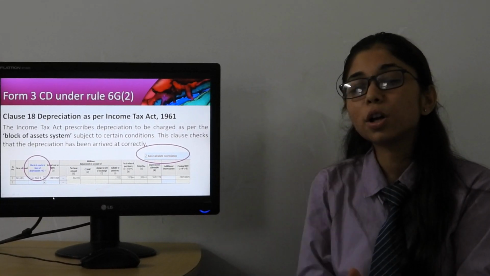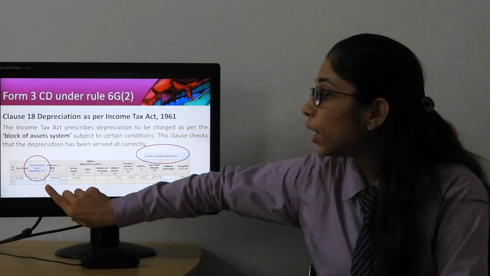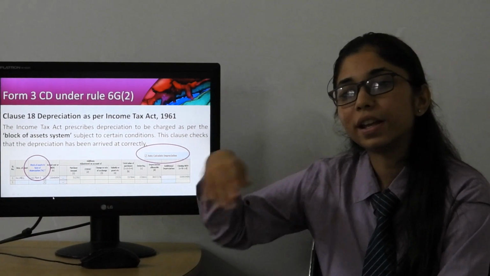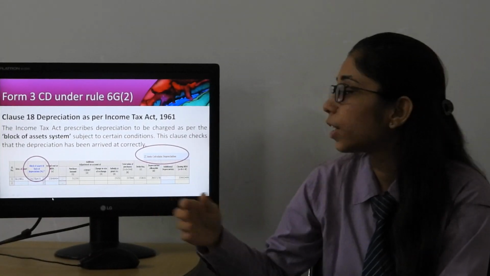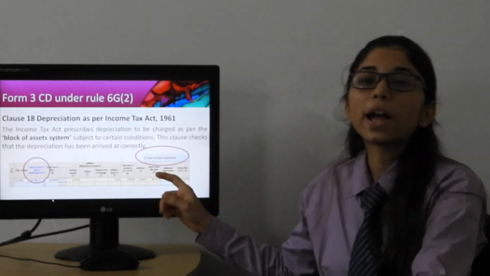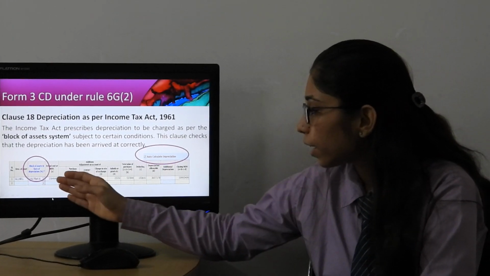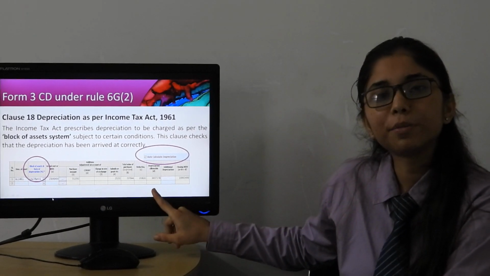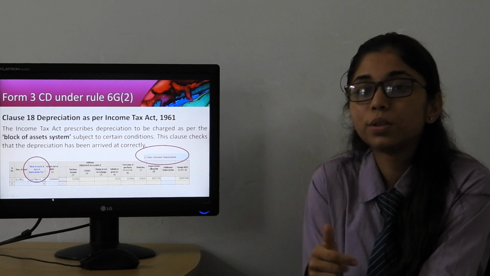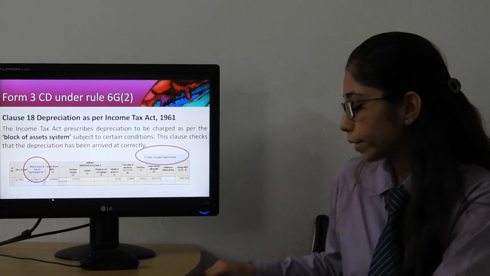You need to merge all your plant and machinery which comes under 15% and write the opening WDV, and if there are any additions, the date of addition. What is important here is that you need to auto-calculate depreciation. Why? Because if there are any errors, you might not get the depreciation allowable. So, to make our statement correct, you need to click on auto-calculate depreciation.